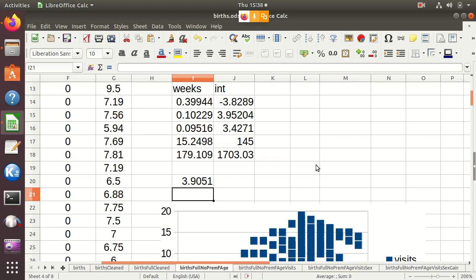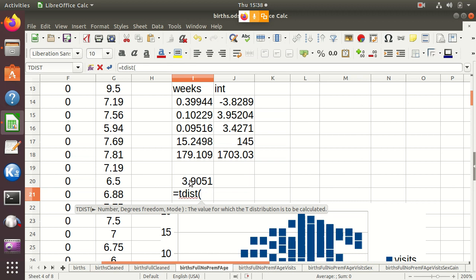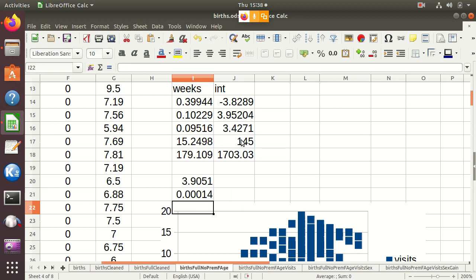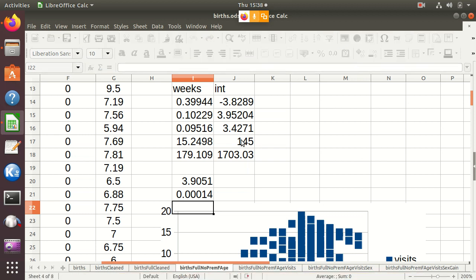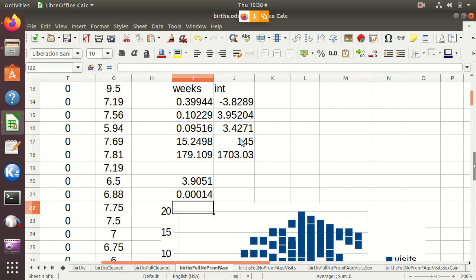If I check the t-distribution for the p-value, there's my degrees of freedom, two-sided test. And you see I'm down to a p-value of 1/10,000th, or 14/100,000ths. So that's really small. Okay, so sure, I'm going to throw that one out. Somebody else may say, nah, I don't want to throw that one out. But yeah, I threw it out.